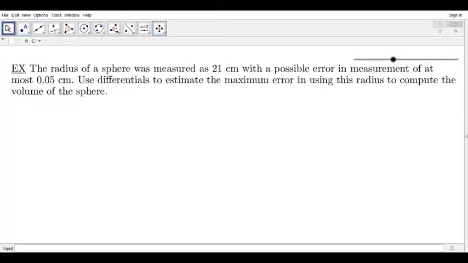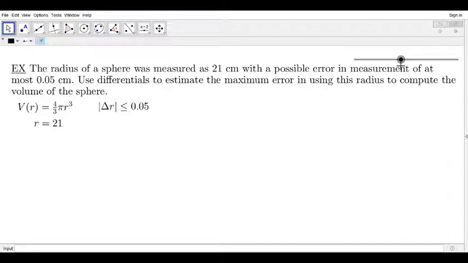Now, the volume of a sphere is given by V of r equal to 4/3 pi r to the third power. The radius, currently the baseline, is 21. But the change in r, delta r, has absolute value at most 0.05. Note that delta r can be negative, so that's why you have the absolute values there.